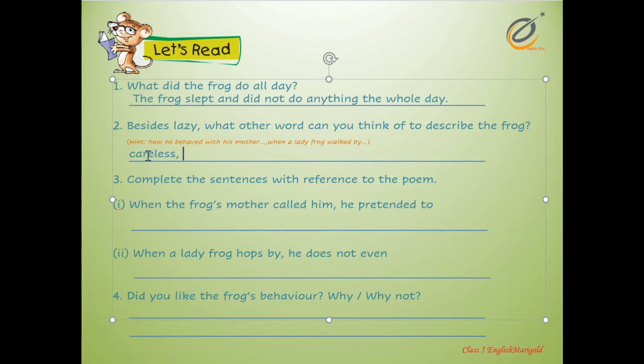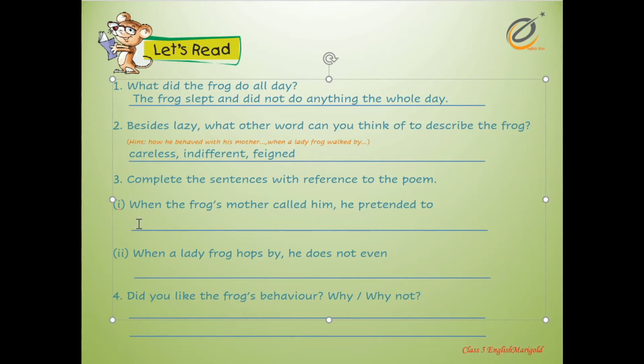You can also write he was indifferent. And also you can write here faint. Right, students? So these three words appropriately describe the character of the frog.